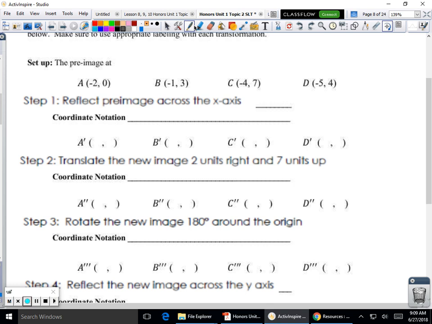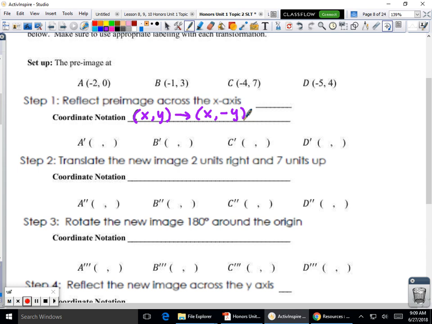My coordinate notation, well, I'm going to take, let's pick a color here. I'm going to take the x, y coordinates that I have above, and how are they going to change? If I reflect across the x-axis, yep, the x is going to stay the same, but the y is going to become the opposite. Great.